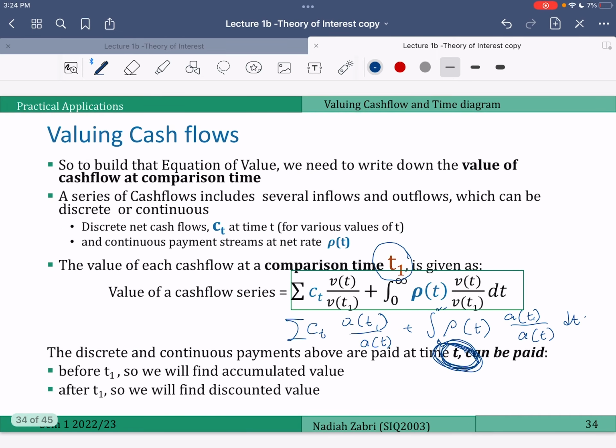This t can be before or after the comparison time. If the t is before the comparison time, we need to find the accumulated value. If the t comes after the comparison time, then we need to find the discounted value. Understand? So no need to worry too much about this formula.